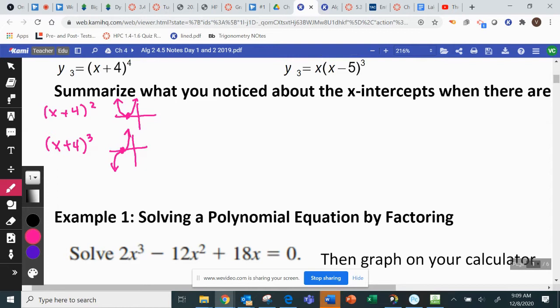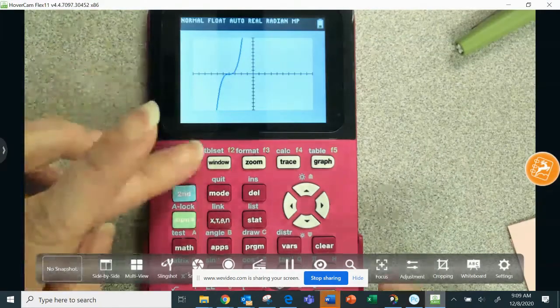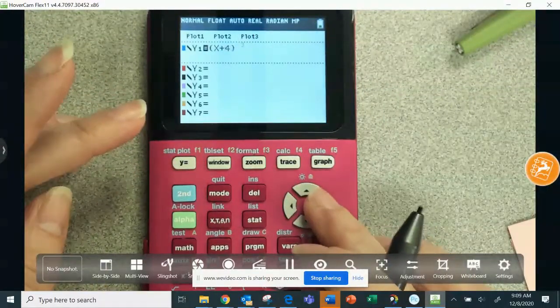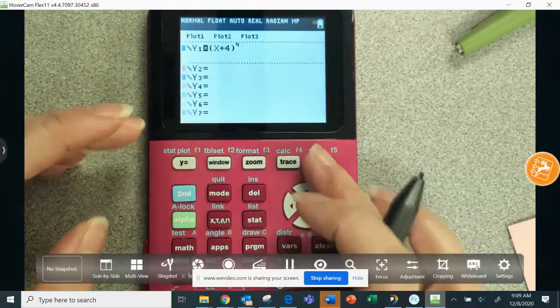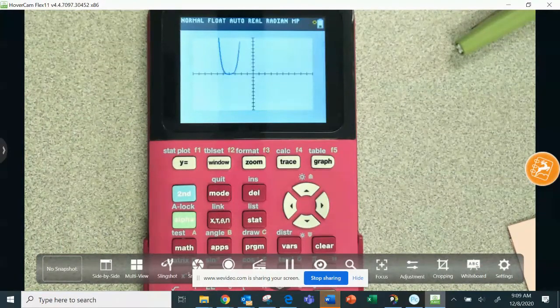So now let's do the 4th power. I think I'll change that to a 4. And it went back to looking kind of like a parabola, but it isn't because it's to the 4th power.